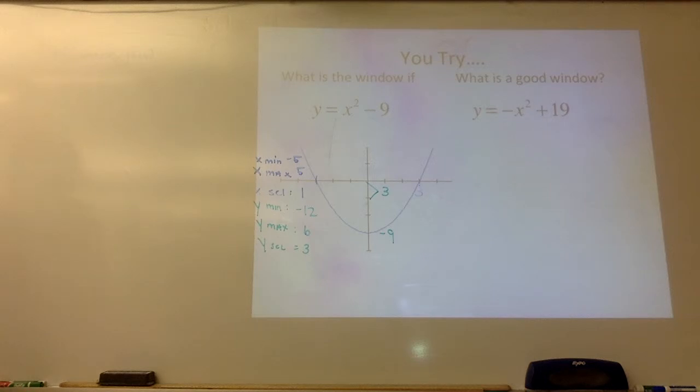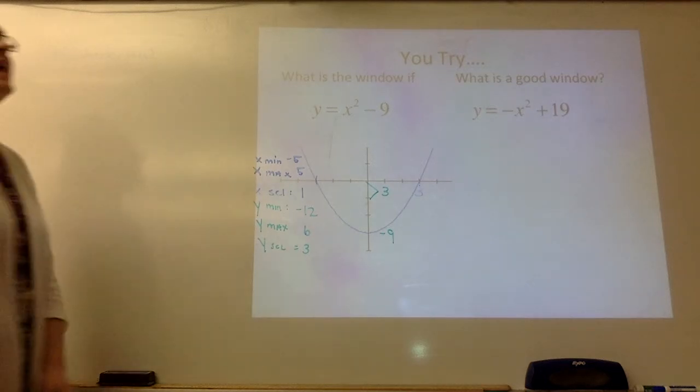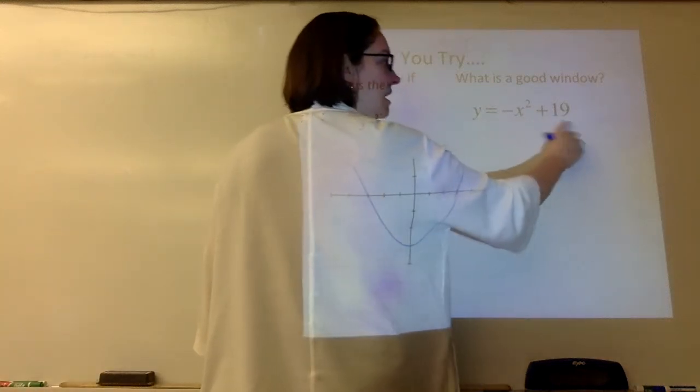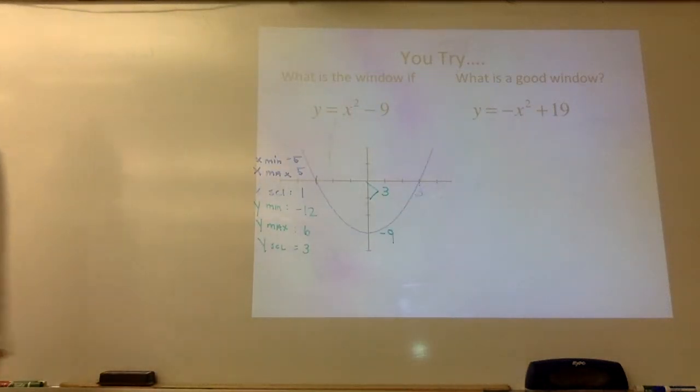I'm guessing most of you see the standard would not be appropriate. Yes? We have a y-intercept all the way up here at plus 19. This is a parabola that opens downward.